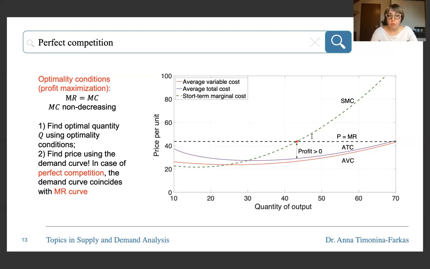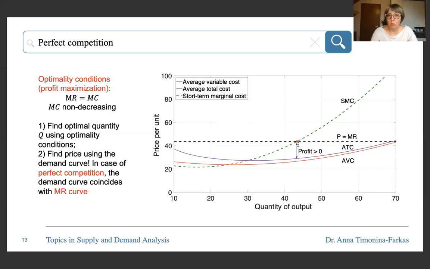Thus, in order to compute the maximal profit, first of all, one just needs to compute where MR is equal to MC, and this happens at this point. So this is a demand curve, and you sell exactly this amount. What is your profit? Your profit is the difference between how much you sell and how much this costs you. So this is the difference between this point and the average total cost.